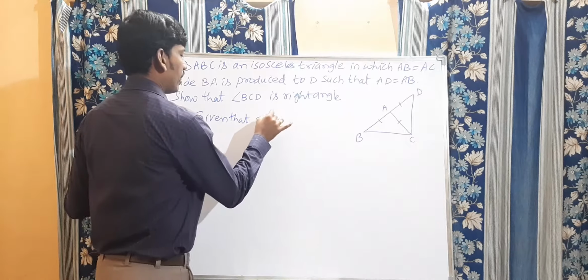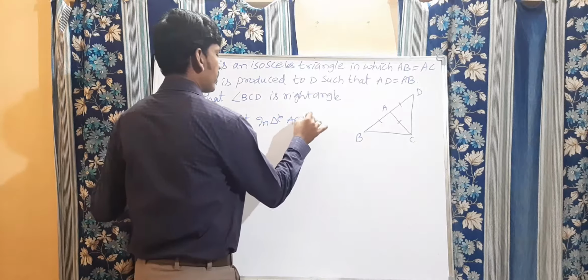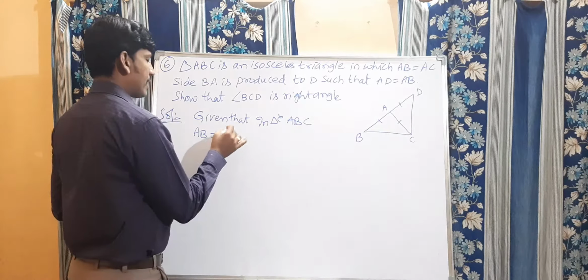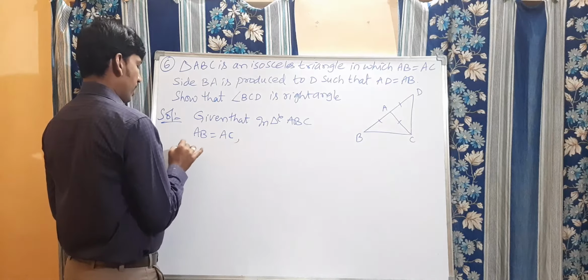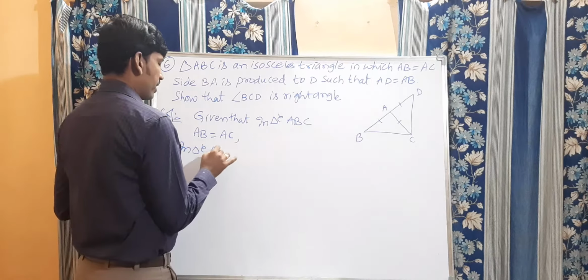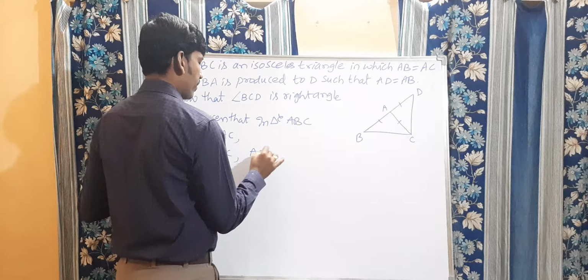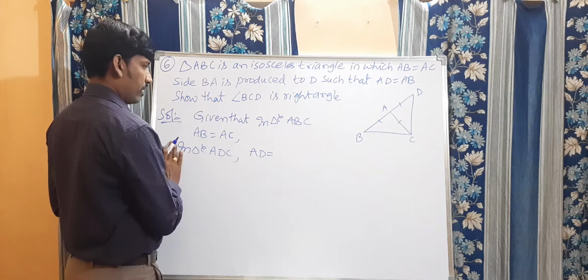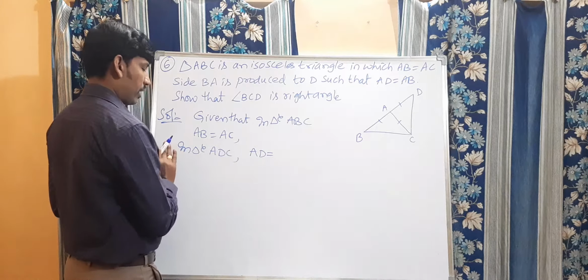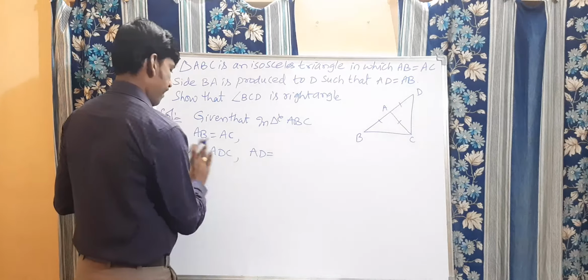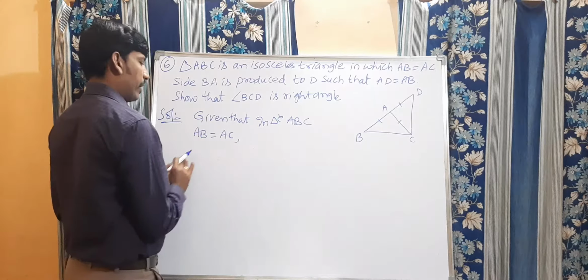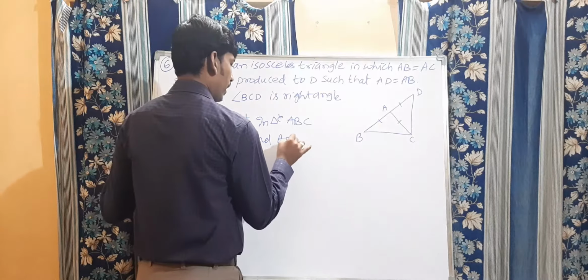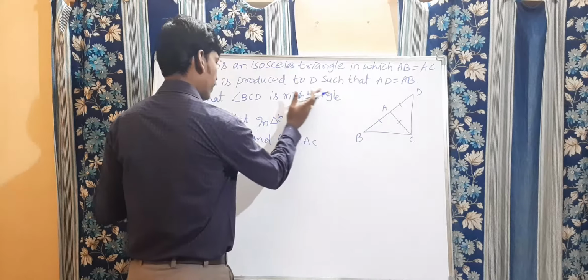in triangle ABC, AB is equal to AC, and as well as in triangle ADC, AD is equal to AC.